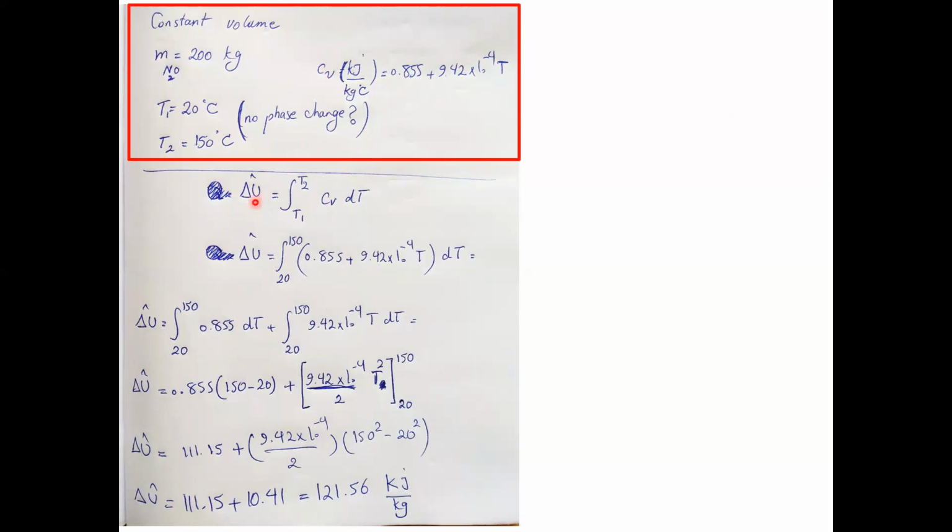So we know delta U in this case, I give you the formula, is the integration from T1 to T2 of Cv dT in this temperature range. I just substitute the Cv that is given to you by the problem. The temperature change based on the problem is from 20 to 150 degrees. That is the dT.